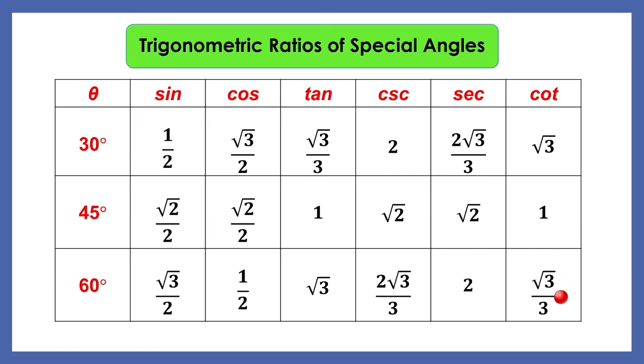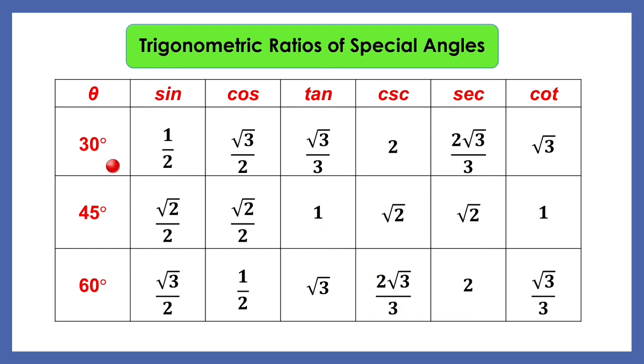Ganon din yung ating cotangent 60 degrees, square root of 3 over 3. For cosecant 30 degrees, the same siya dito sa ating secant 60 degrees. And yung secant 30 degrees, 2 square root of 3 over 3 ay the same sa ating cosecant 60 degrees. 2 square root of 3 over 3.